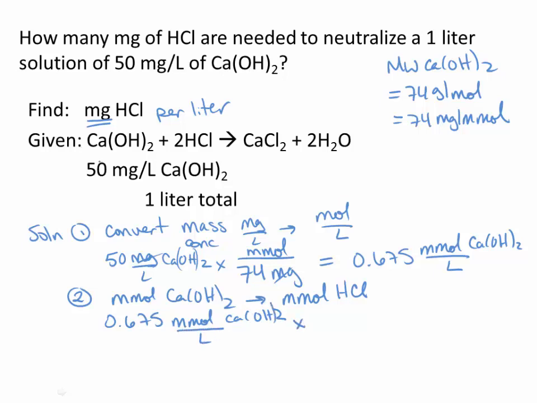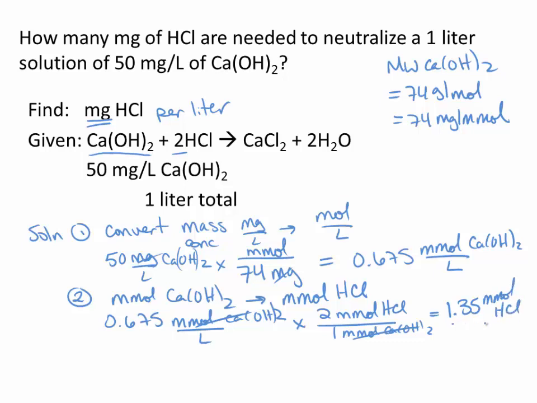And from the chemical reaction, we see that 2 millimoles of HCl react per 1 millimole of Ca(OH)2. And so we're left with 1.35 millimoles of hydrochloric acid per liter.